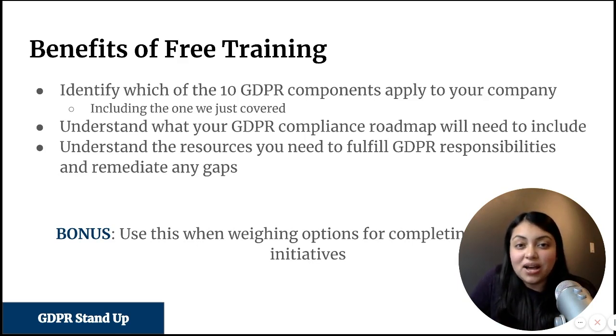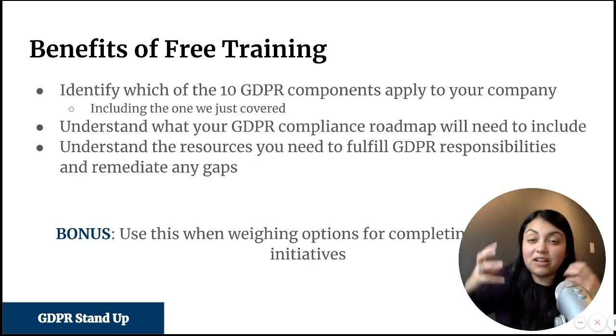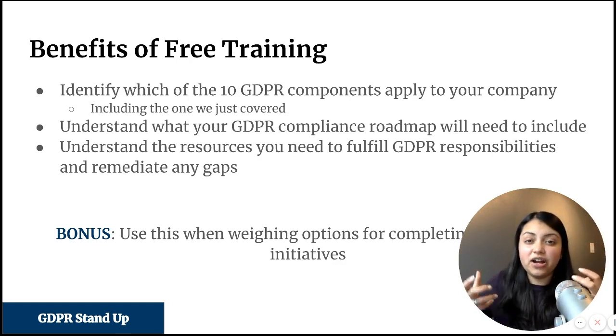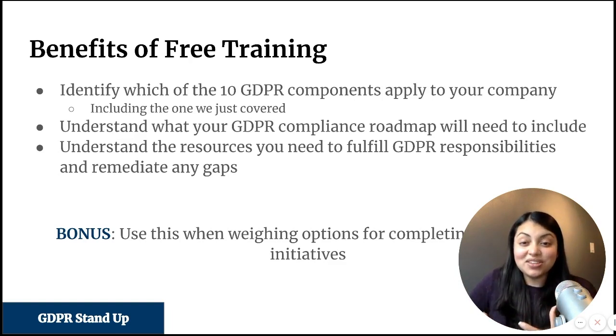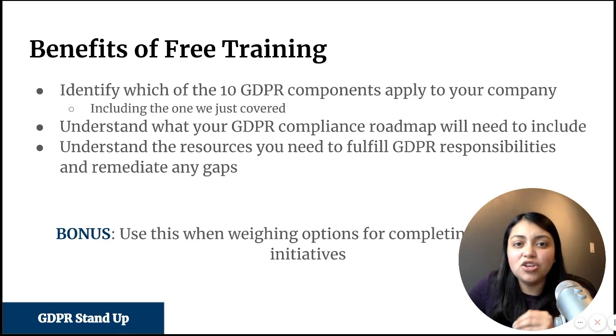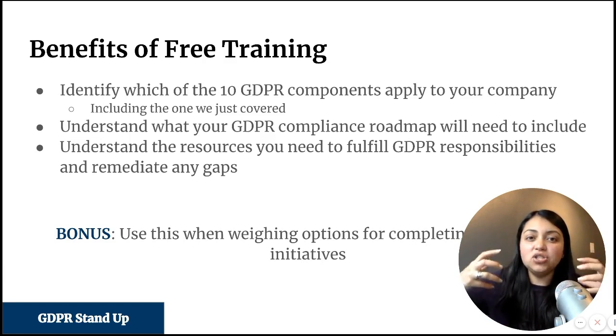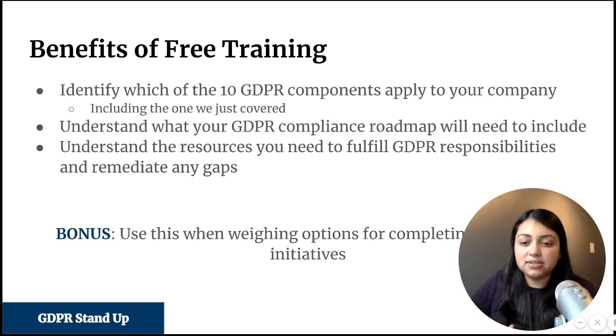Now, right now, depending on who you've been talking to, this may seem like a very ambiguous, complicated, involved initiative that you have to figure out, and you don't know where to start. So by understanding the components that apply to the company and the specific items that belong in your roadmap, that will provide more clarity on what resources you need to be able to complete this.